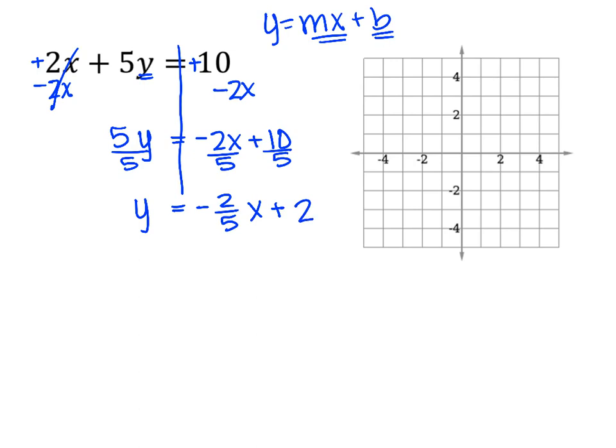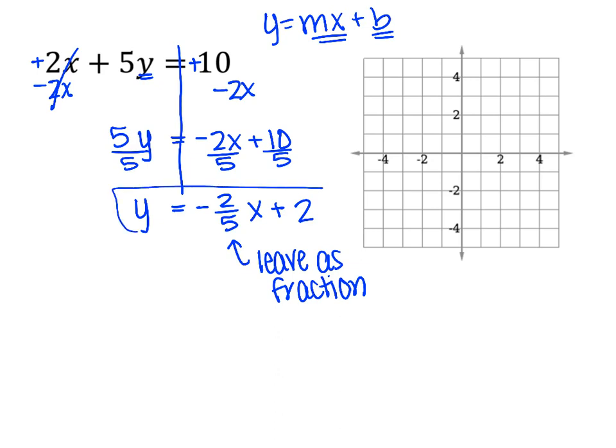Because we're going to be graphing these, we really want to leave that slope as a fraction. If we can reduce, it's going to be nice to reduce, otherwise we might not be able to count enough squares on the graph. But we want to leave it as a fraction, the part with x. So there's my new equation.